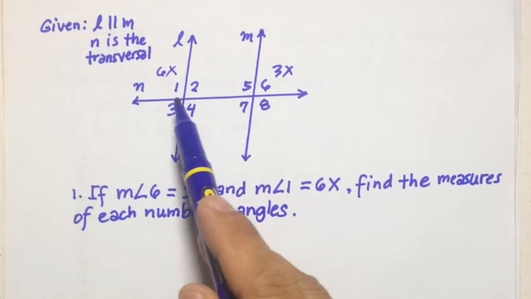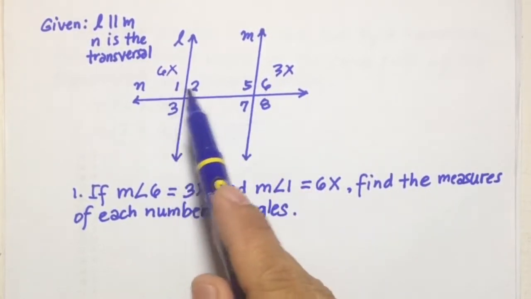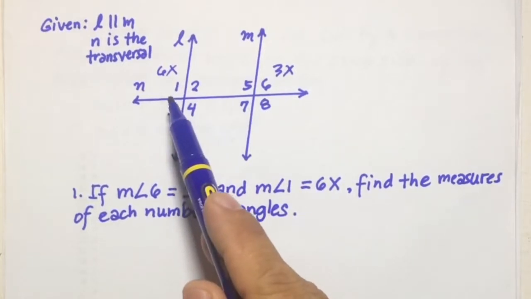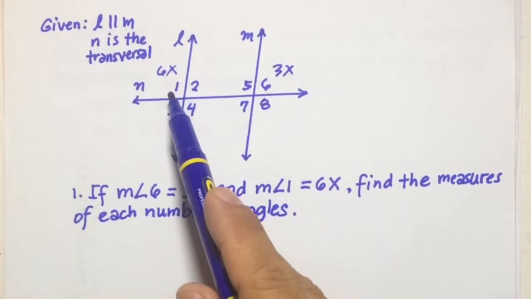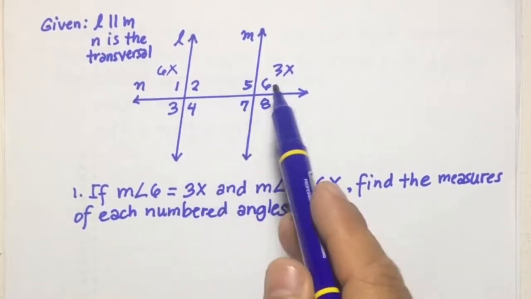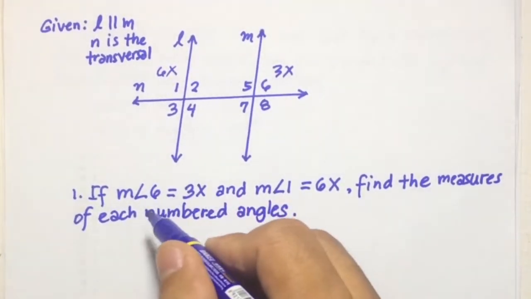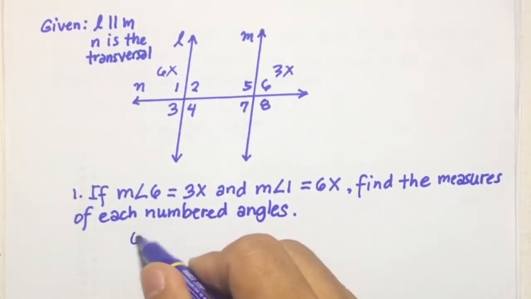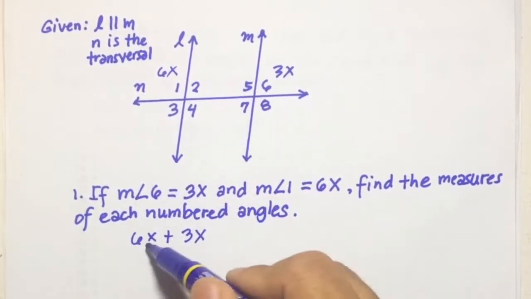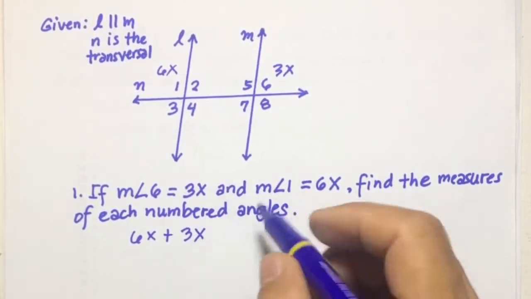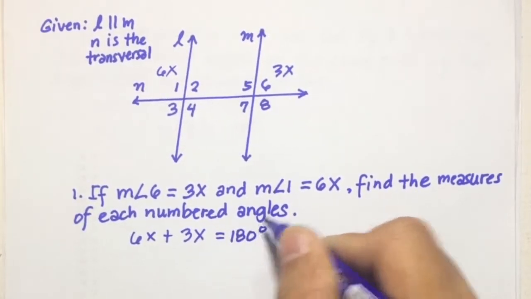Now if we look at angle 1 and angle 6, these two angles are exterior angles on the same side of the transversal, meaning the sum of their measures will be equal to 180 because they are supplementary. So we have 6x plus 3x, the measure of angle 1 plus the measure of angle 6, equals 180 degrees.